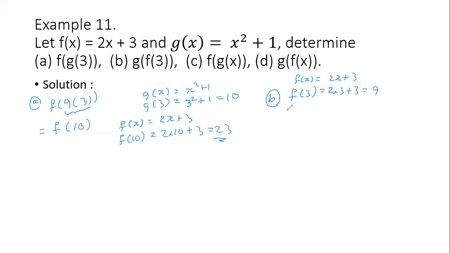Then we want to calculate g of f of 3, which equals g of 9, since we found f of 3 is 9. G of x is x squared plus 1.